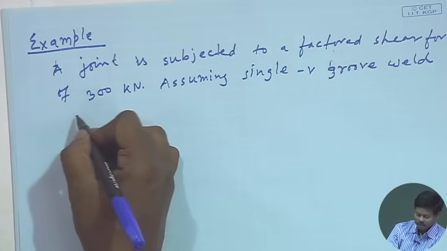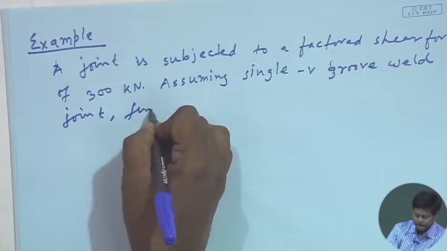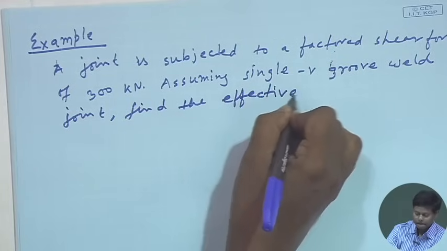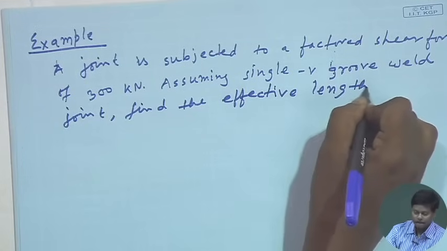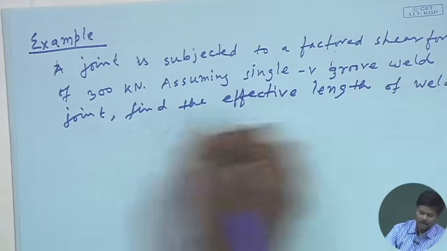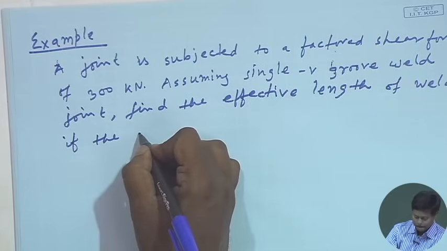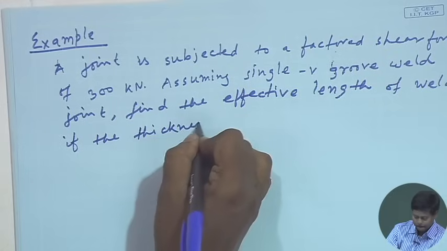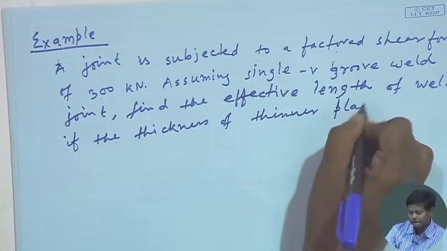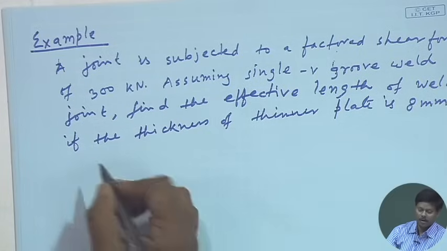For the single V groove weld joint, find the effective length of weld if the thickness of the thinner plate is 8 mm, right.